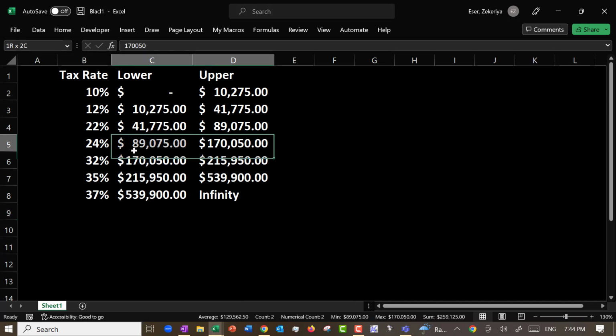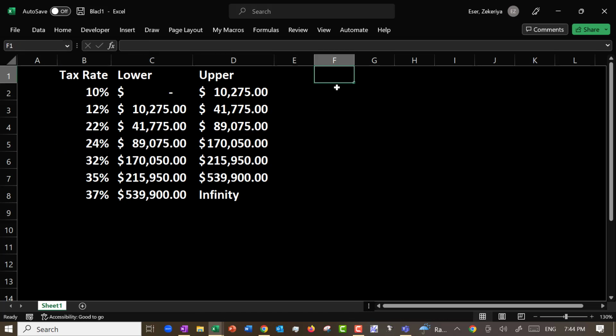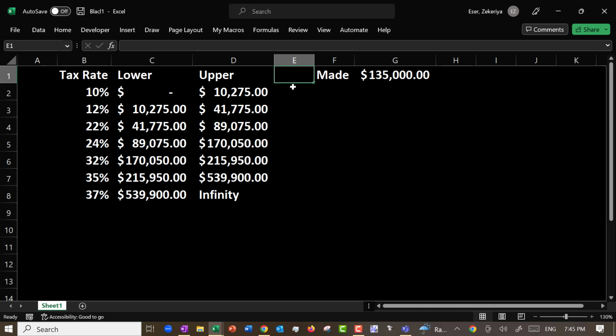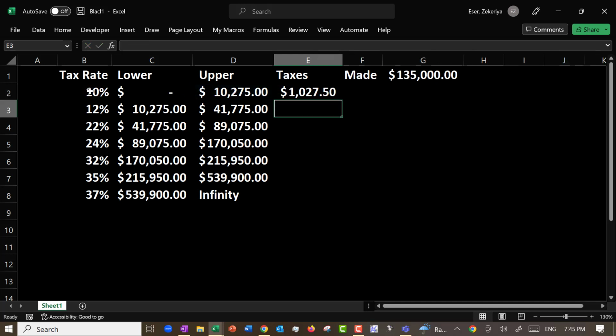You made 135, so you're below that, so for this bracket, you pay 10% of that, okay? You're still above that, so you're gonna pay 12% times the amount over and above 10275.